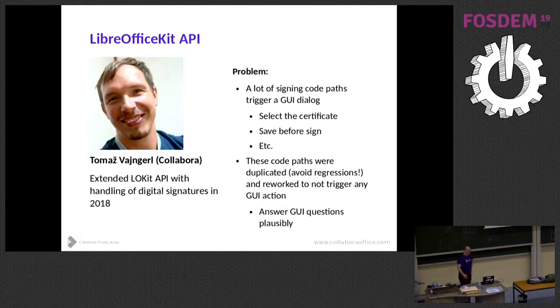So he duplicated some code paths, and the answers to those questions were plausibly assumed, and this way we probably avoided regressions in the GUI-based code, but we also got the possibility to sign documents and verify signatures with the LibreOffice Kit API.